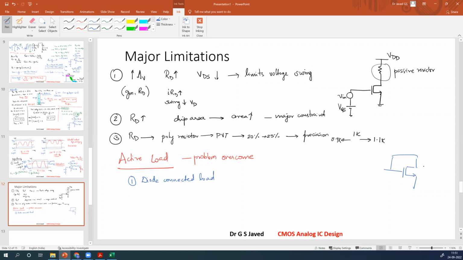The R out of this device is fixed to the GM. So this is called a 1/GM connected load. So your R out will always be 1/GM.